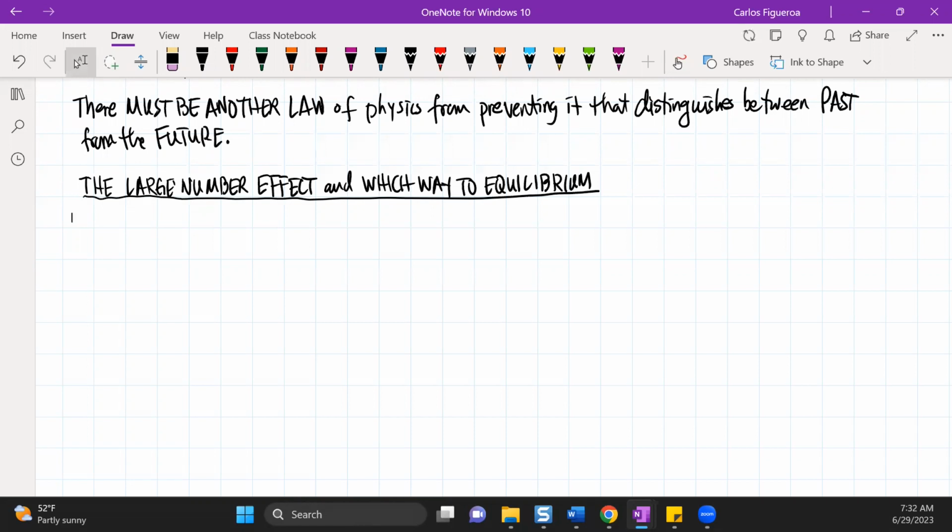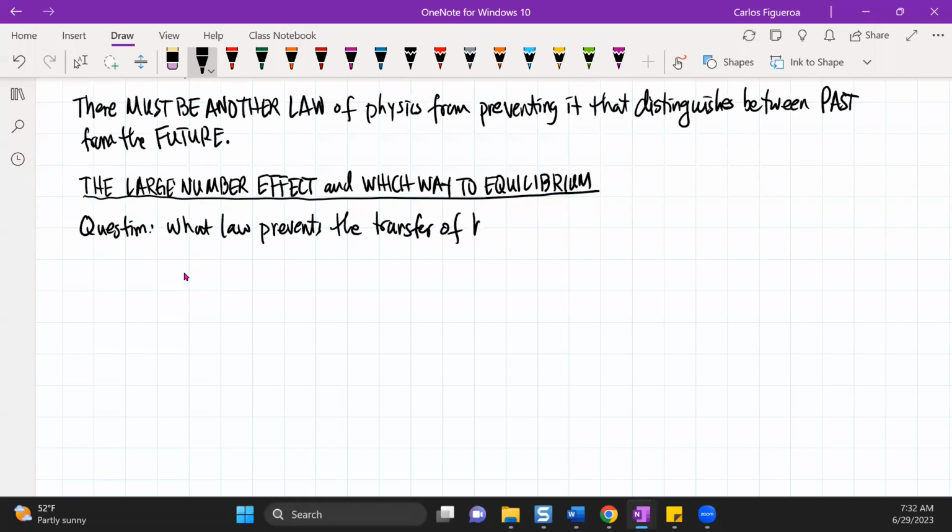Let me repose the same question that we started with. What law prevents the transfer of heat from a cold to a hot gas? That was the question that we always talked about.